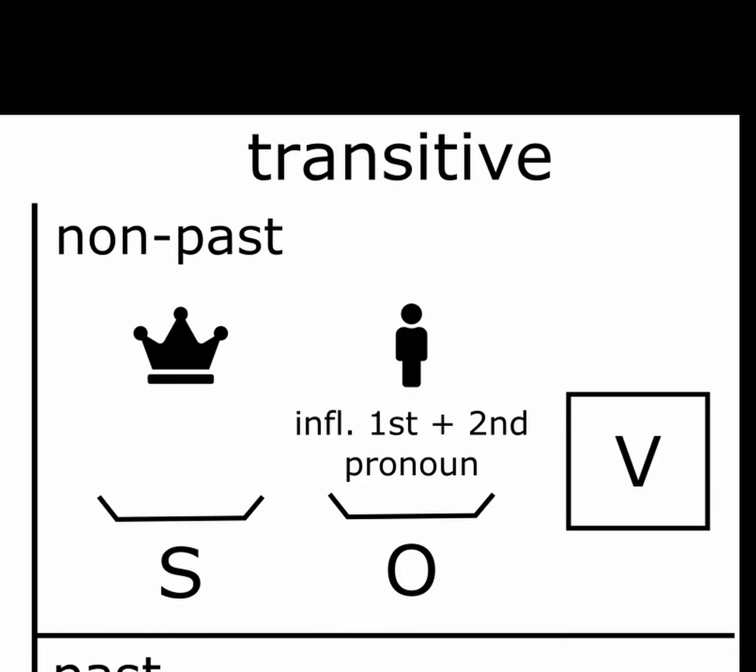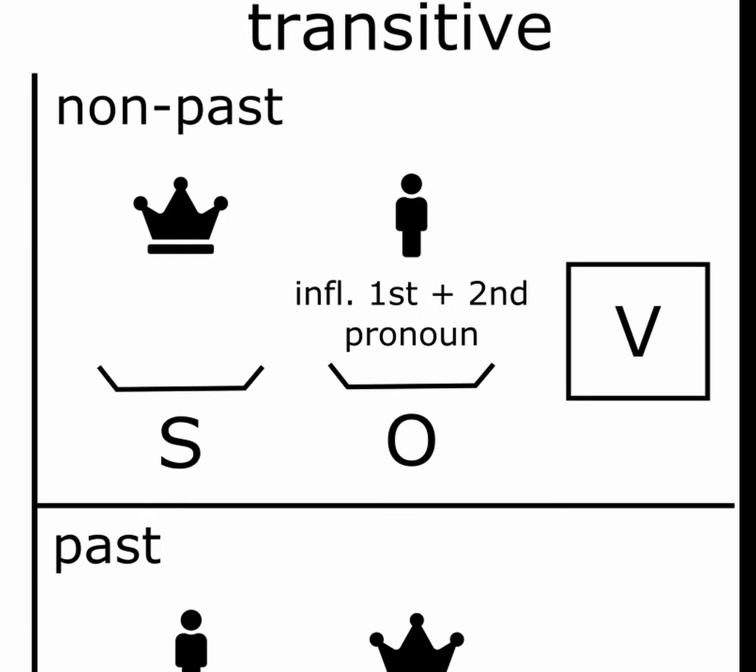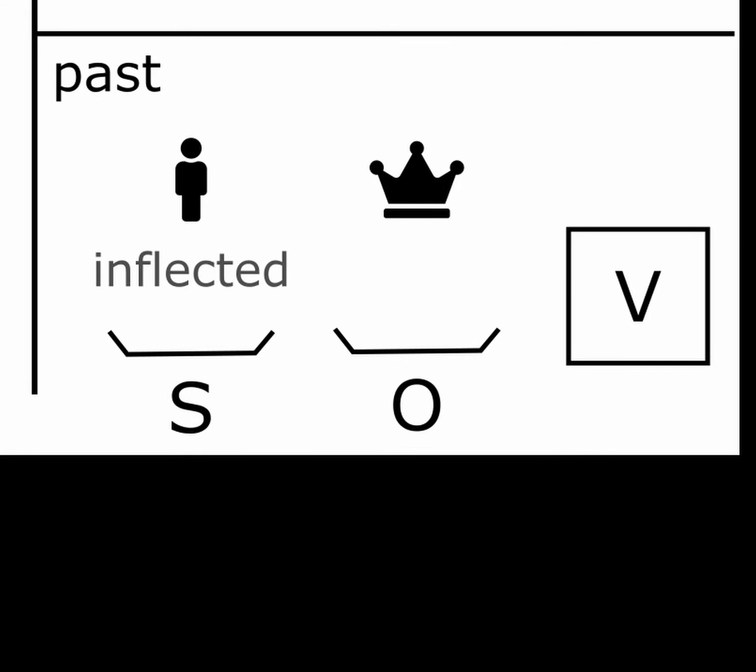And then we have an object, which is the servant, and the object doesn't inflect unless it's a first or second person pronoun. And in the past tense with transitive verbs, our third structure, we have the subject as the servant of the sentence, and the subject will always inflect. And we have an object, which is the king of the sentence. And so the object is now controlling the verb, and the object will not inflect.